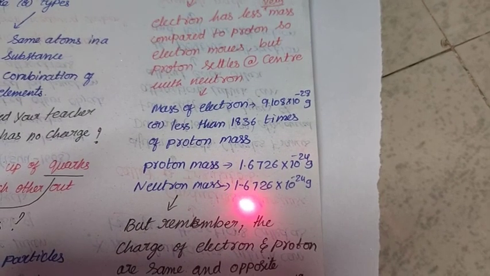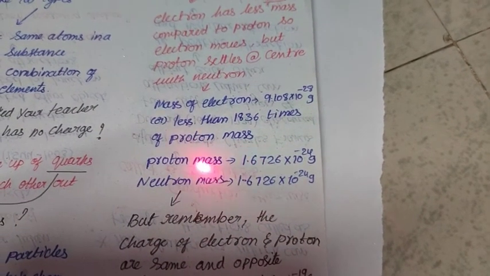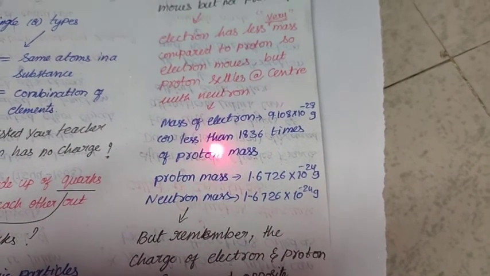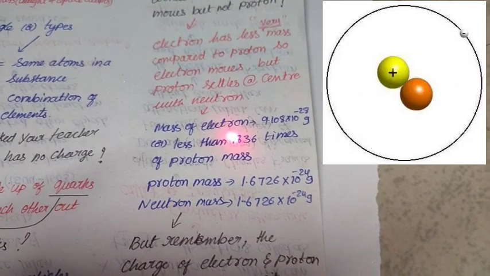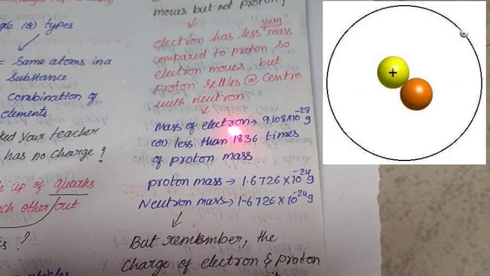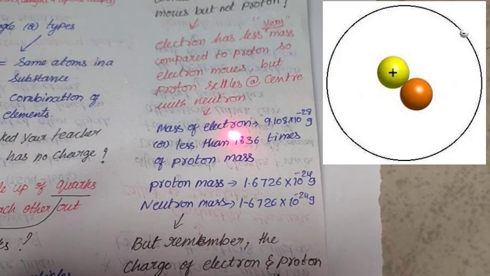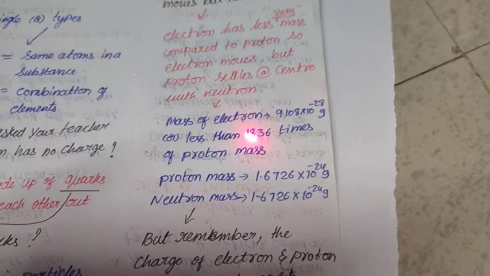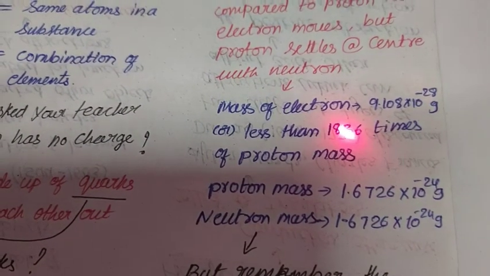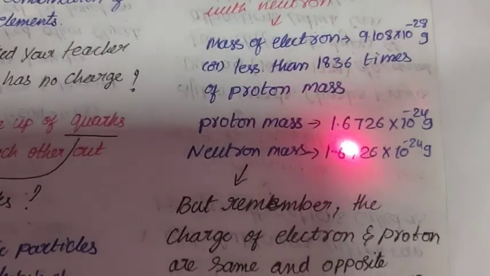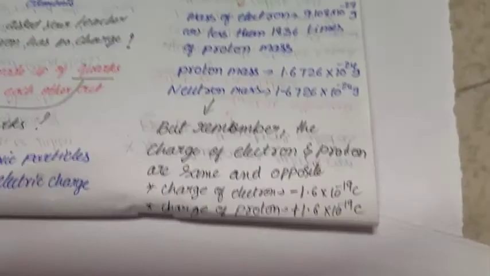Neutron mass is the same as that of the proton. So these two particles settle at the center. While having less mass, the electron is free to move. Having less mass means having less weight, so lighter persons can run faster when compared to a heavy person. Okay, so in this way.